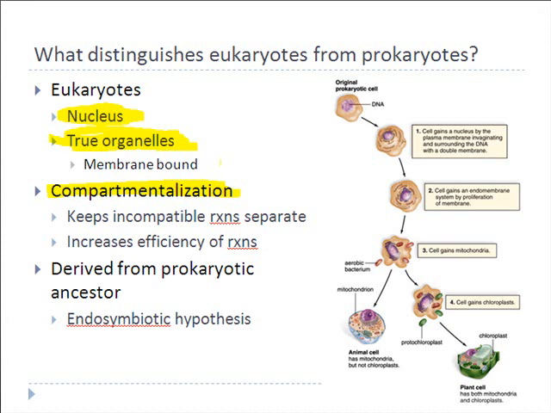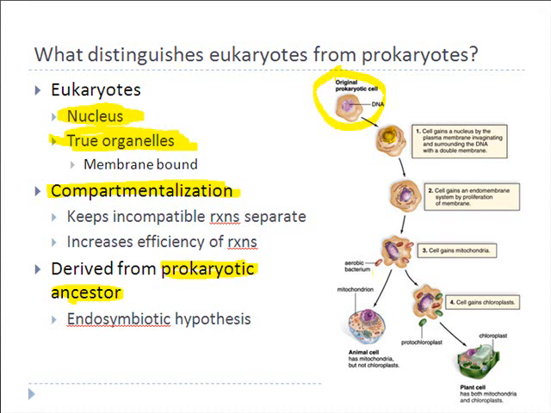As I mentioned in the last part of this lecture, we think that eukaryotes are derived from a prokaryotic ancestor, most likely some sort of archaea cell. An individual by the name of Margulis many years ago postulated that this happened through an event where we had an original prokaryotic cell, some sort of archaea type cell, and that cell had the plasma membrane fold in or invaginate and thus surround the nucleoid region and create a nucleus.